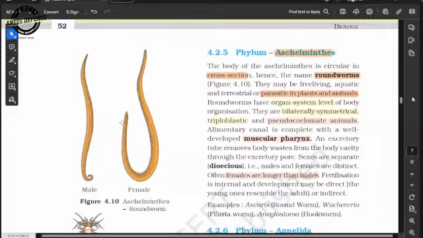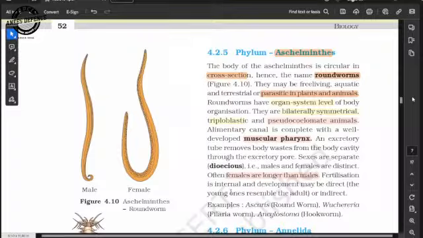Did they mention that in the textbook? Do you have this statement in your book? Often females are longer than males. Yes, that is the only thing I have. But you said the male has a curve, and that curve they didn't mention.